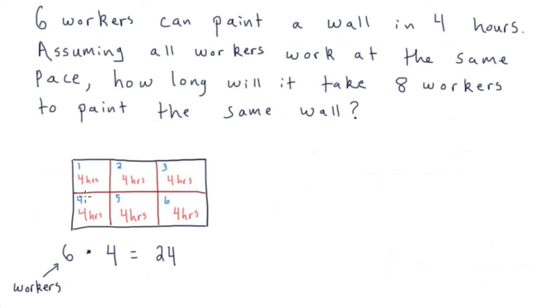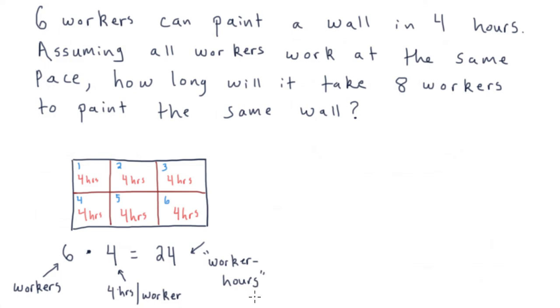And then each one of those parts of the wall will take 4 hours per each worker, so 4 units per one equal group. And then the total is what we're going to call 24 worker hours.